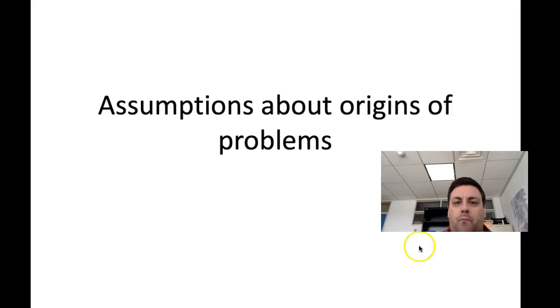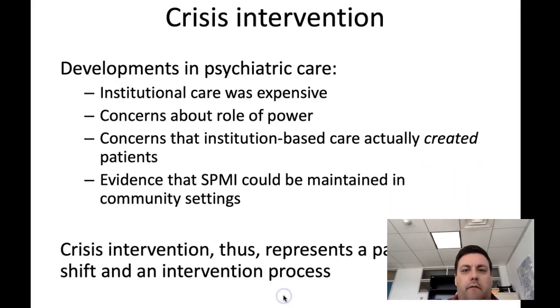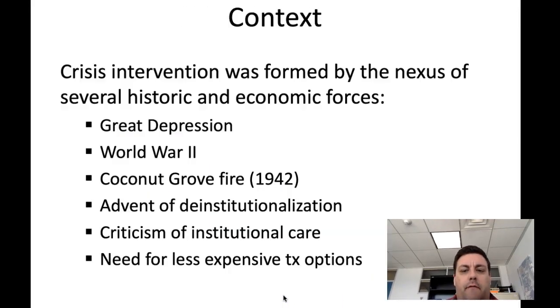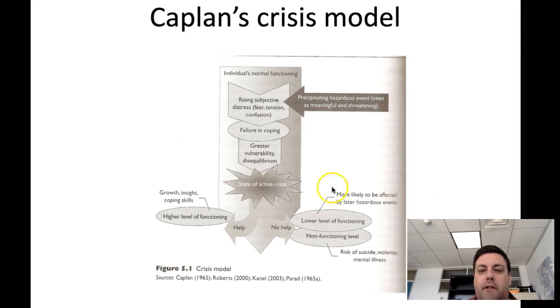So let me just go back here for a second to the very beginning slide. And so if we go back to this, what we really see in crisis intervention is that there's a moment, loosely defined, a moment though when people need help from a professional.